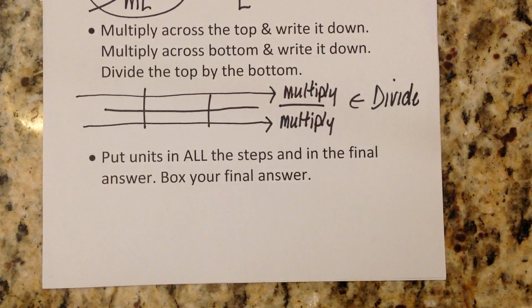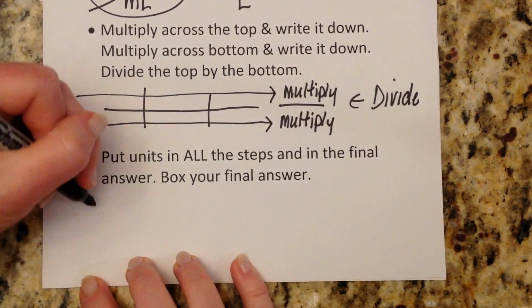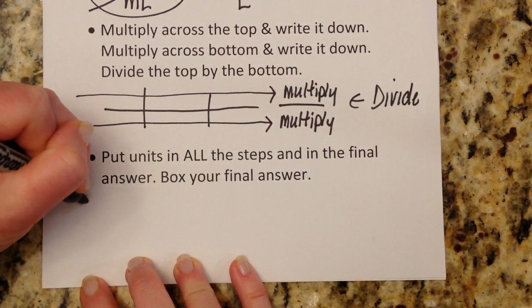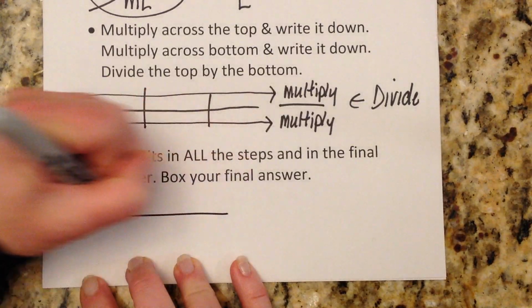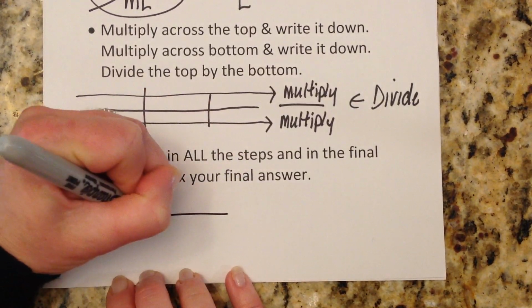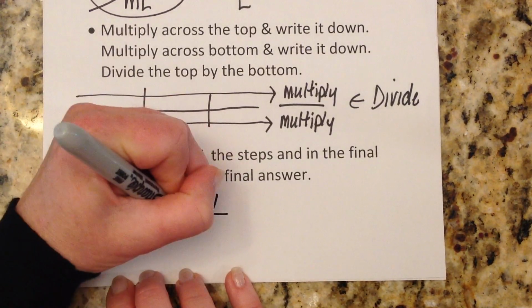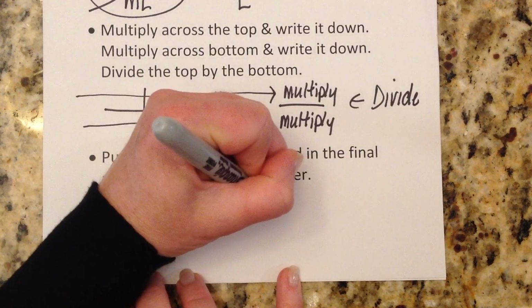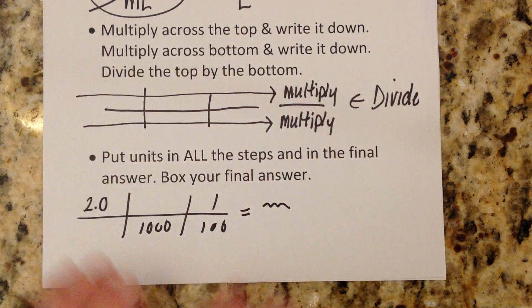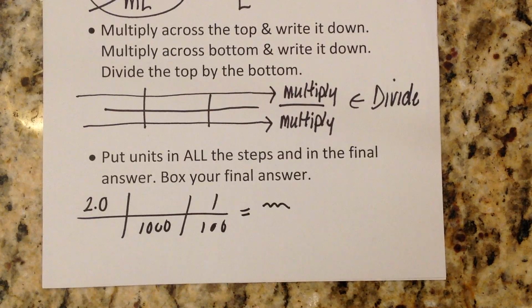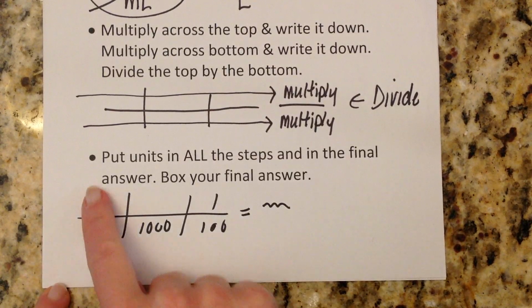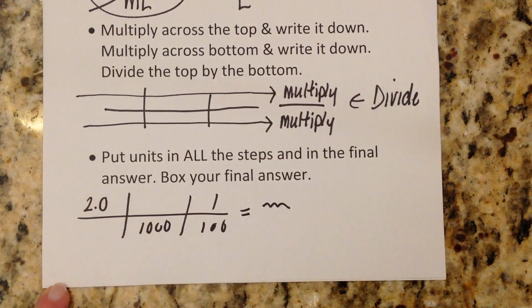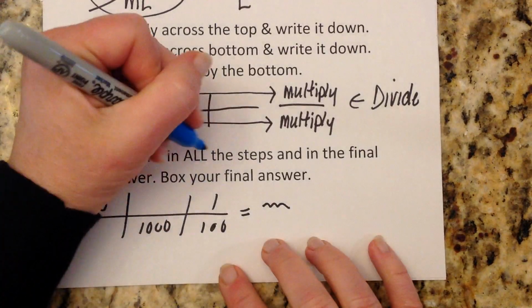When you write something like this for my students, if I get something that looks like this, and then they've got an answer, I don't give that credit. I have no idea what they're doing. If you don't have units here, you're not sure what you're doing. So always put units in every single step and always make sure that you box that answer.